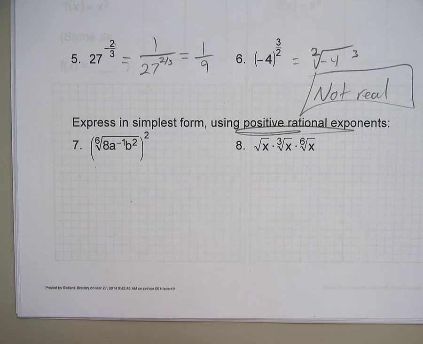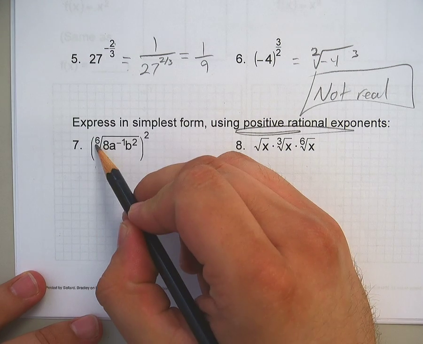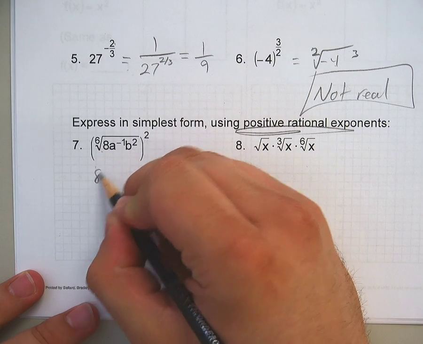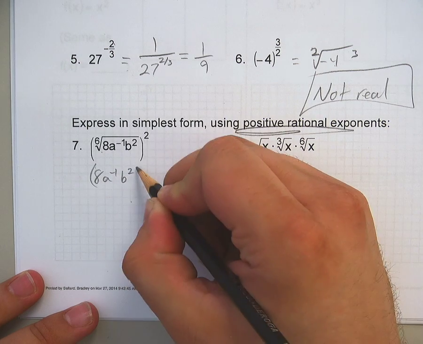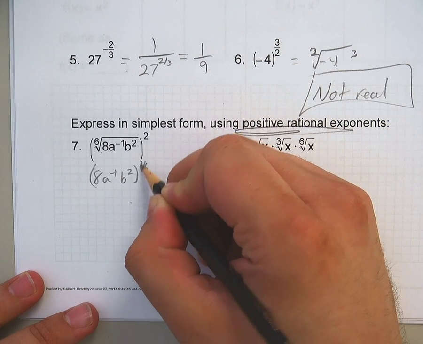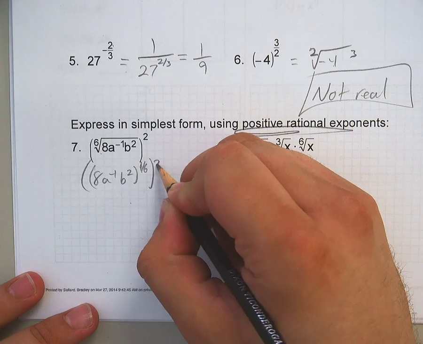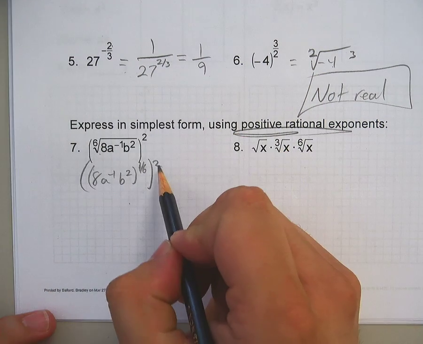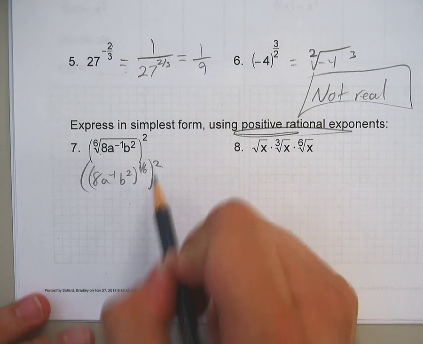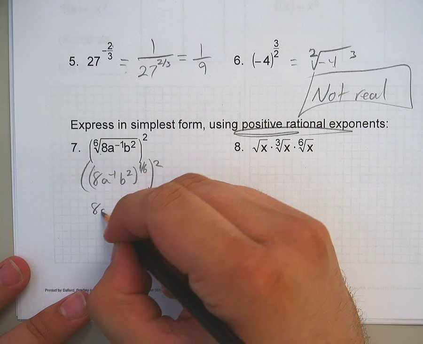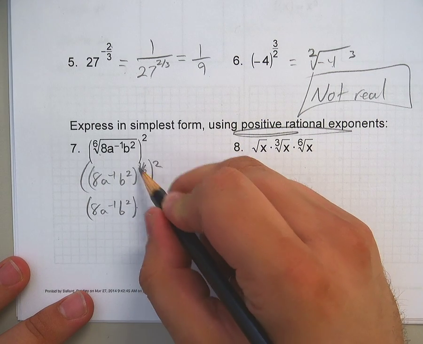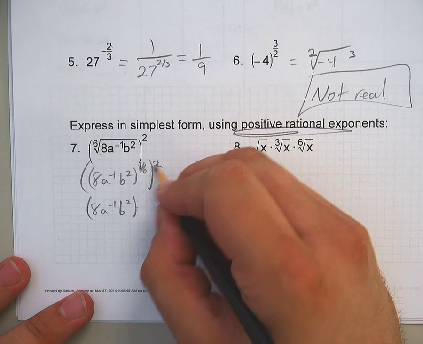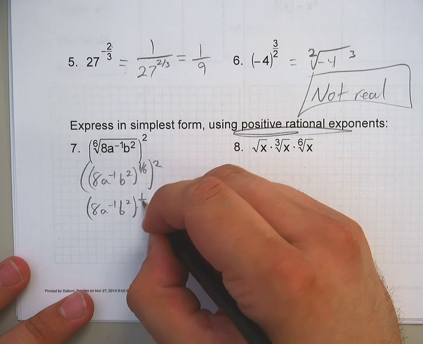Number 7, lots of interesting stuff going on here. First, it's the 6th root of all this, so I'm going to start by rewriting it like this. To the 1/6, squared. Now what that's going to let me do is combine these two guys, 1/6 and 2. 1/6 and 2 will be 2/6, which is a third.